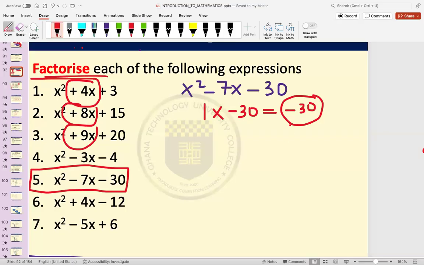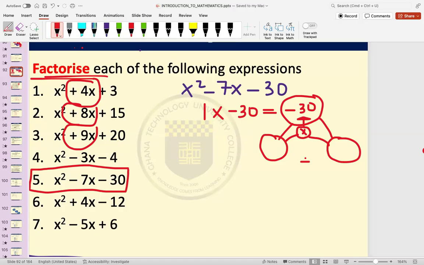Then I move to step 2. Step 2 says that I should find 2 numbers in such a way that when I attempt multiplying the 2 numbers again, I should get my negative 30 back.